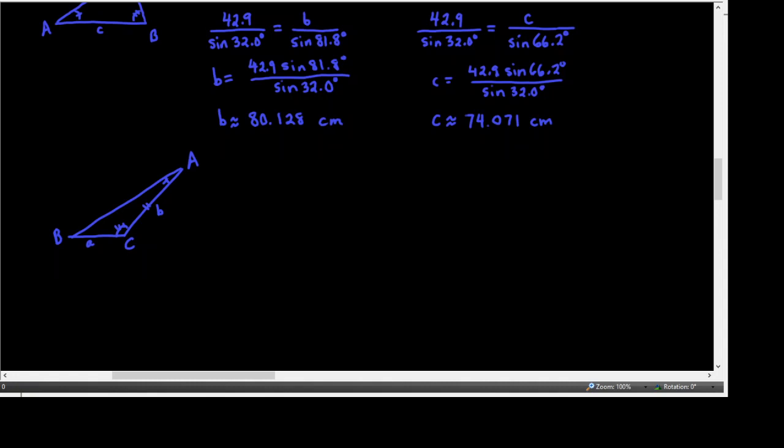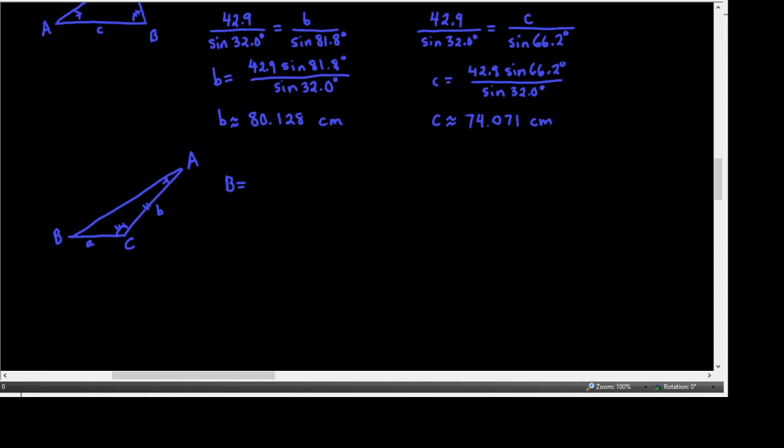So in order to do this, we're going to have a side and angle pair with the same name, both A, both B, or both C. Since side B is the only given, we have to know angle B, and luckily we can find it because we know the other two angles.